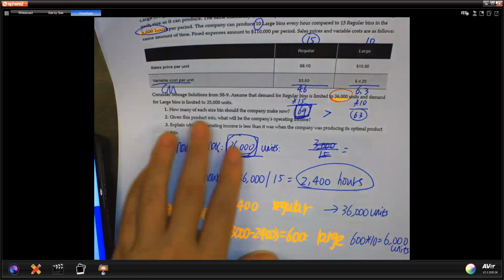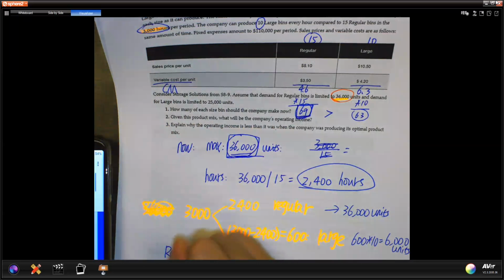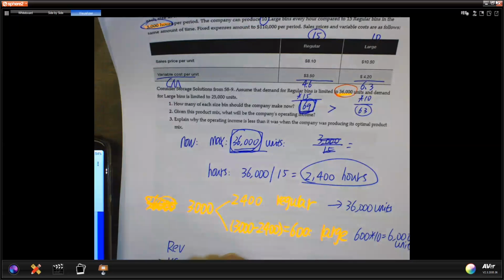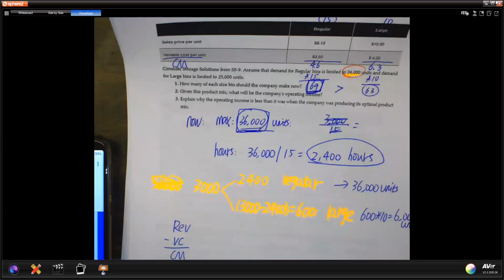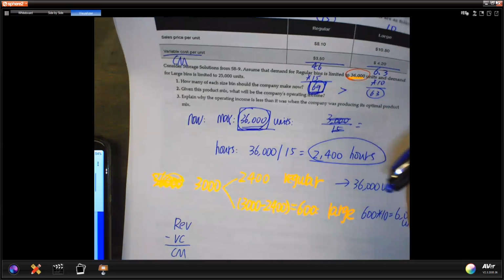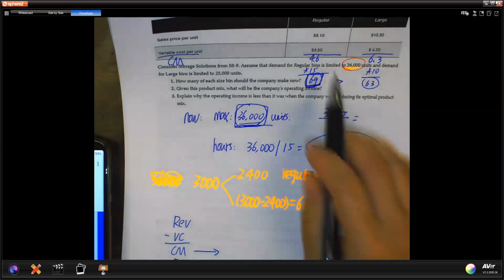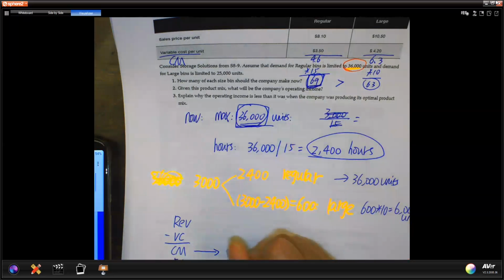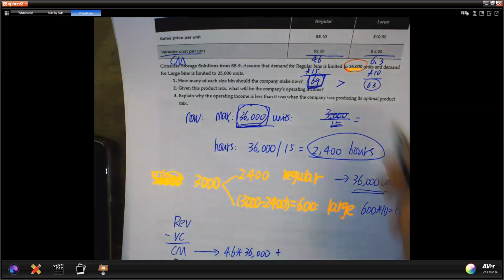Second one, given this product mix, what will be your operating income? So that is your revenue minus variable cost gives you contribution margin, minus your fixed cost gives you operating income. So we are asking about your operating income. We got our contribution margin. We said for the regular one it is 4.6, and we make 36,000 units. Plus our large one gives us 6.3, and we times our total units, 6,000 units.